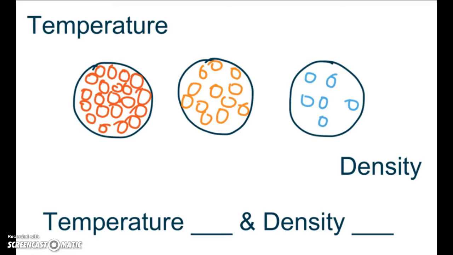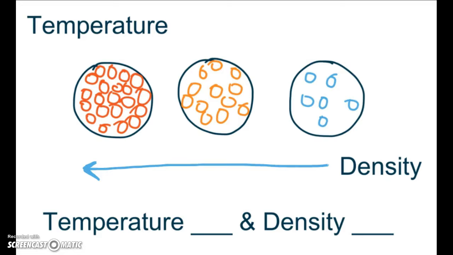So let's go ahead and fill in our density. The density increases as you go from right to left. The particles on the right in blue are the least dense, and the particles in red are the most dense because they are most tightly packed.